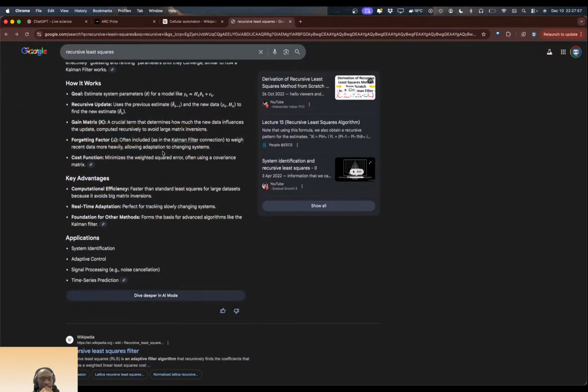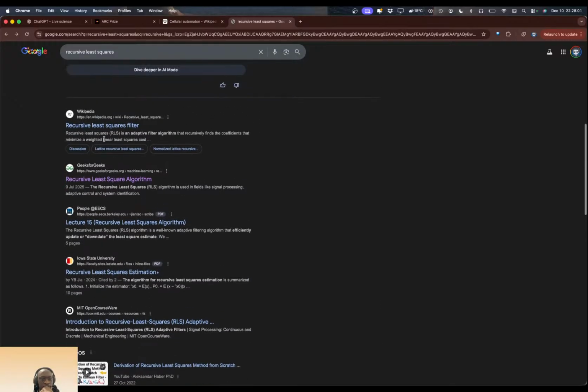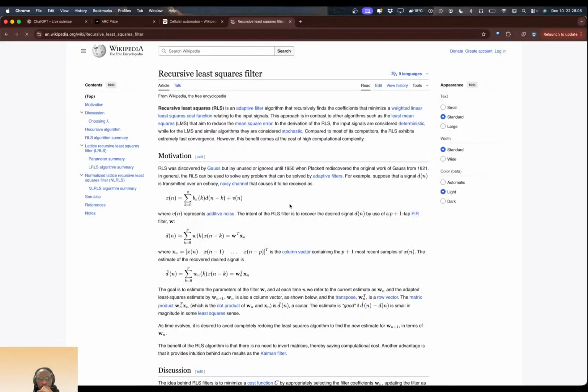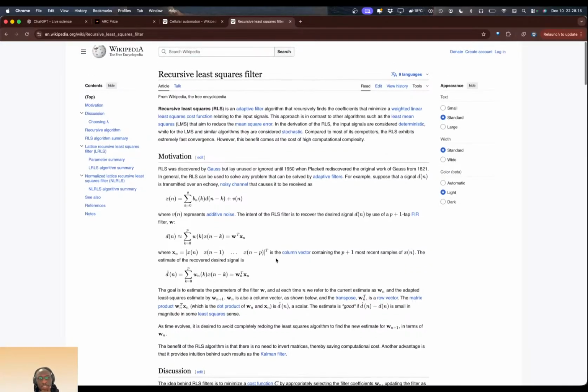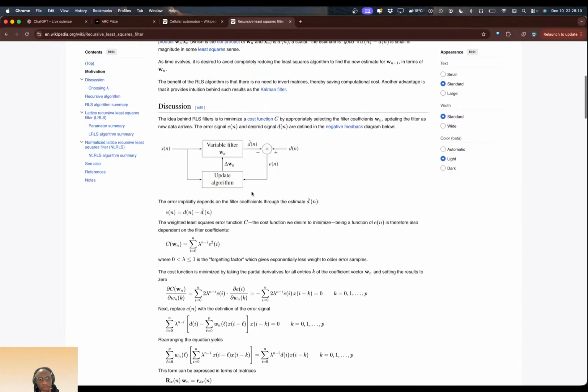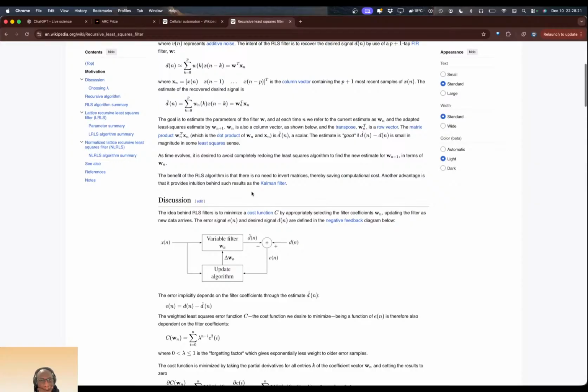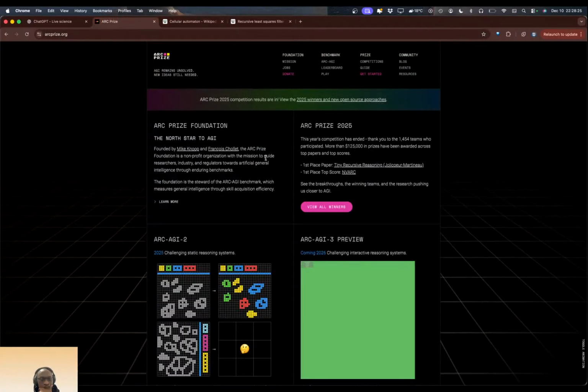And least squares filter is an adaptive filter algorithm that recursively finds the coefficients that minimize the weighted linear least squares cost function relating to the input signals. Okay, what else?